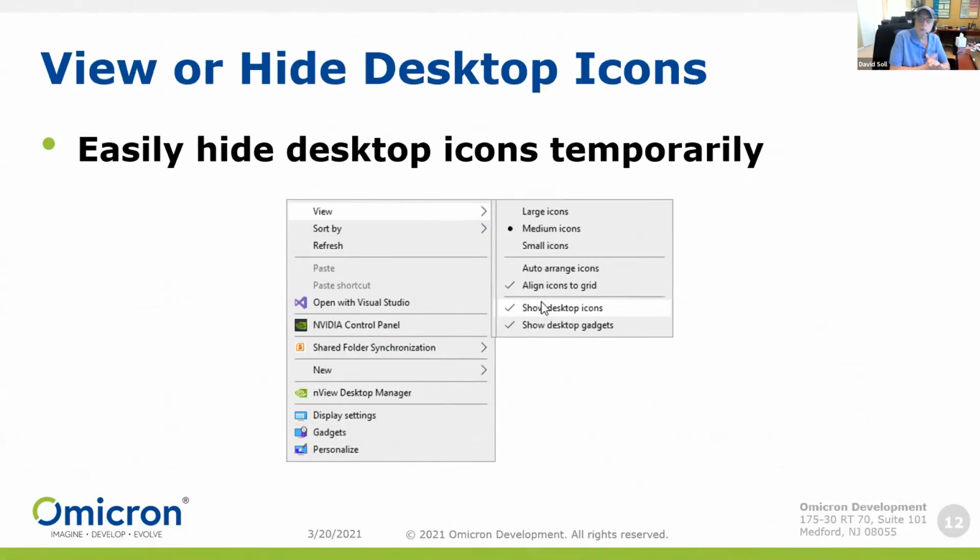So I find this very useful every now and then, especially if I only have one screen. Here I've got two screens, so I don't have any icons on my second screen, so I didn't have a need for it. But if I've got lots of icons on my desktop, it's very convenient because I can just turn them off for this demo and then turn them back on when I'm all done.